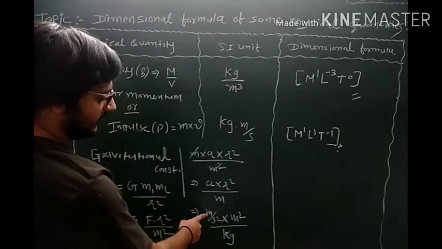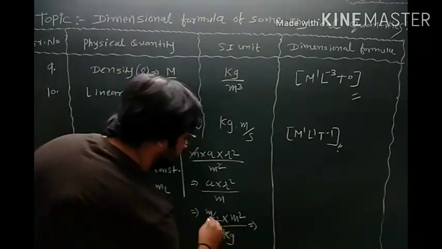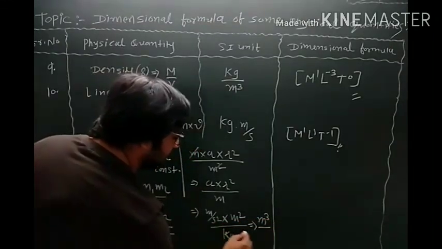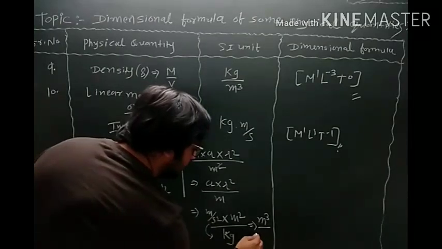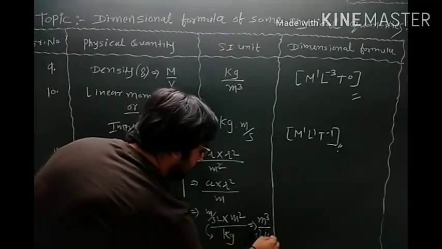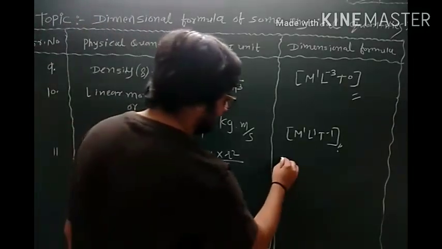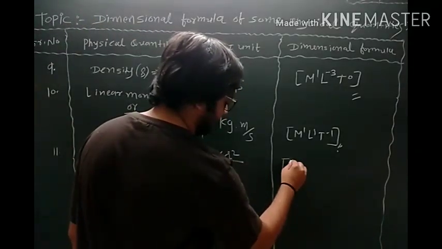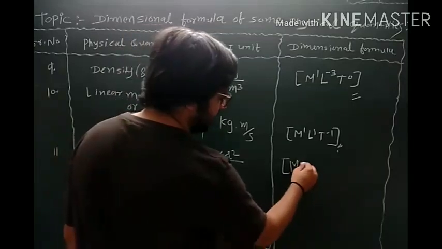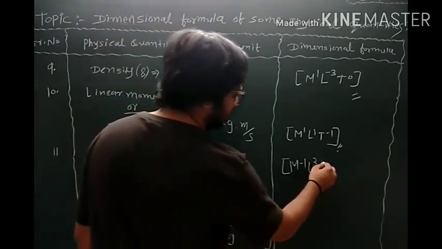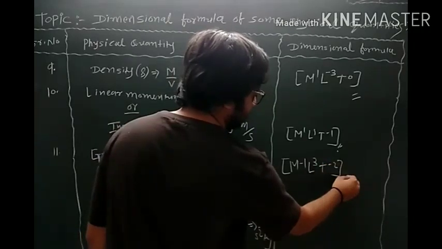Combined, we write meter cube divided by second square into kilogram. So the SI unit of the gravitational constant is meter cube per kilogram second square. So we can write M^-1 L^3 T^-2.